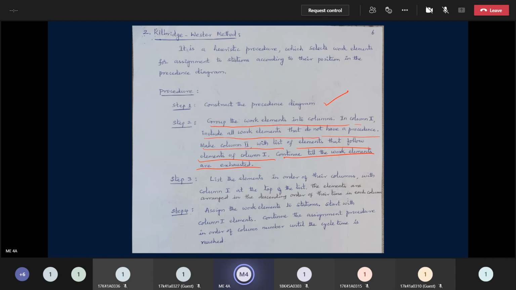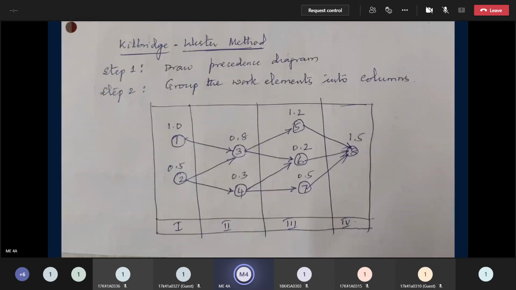I am doing step 2 here. Step 1, drawing the precedence diagram, is over. Step 2, group the work elements into columns. 1 and 2 are in column 1. 3 and 4 are in column 2. 5, 6, 7 are in column 3. The 8th element is in column 4. The second step is also over.